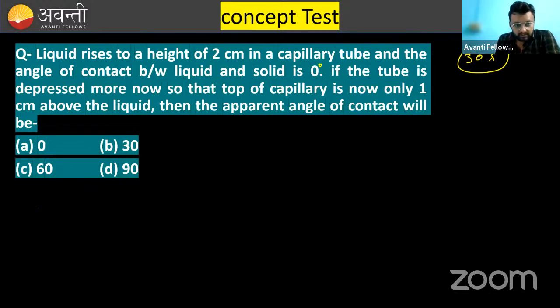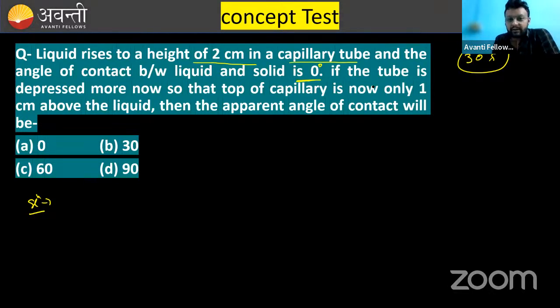Okay, let's solve it. The question says a liquid rises to a height of 2 centimeter in a capillary tube. That means it can rise up to a calculated height of 2 centimeter, and the angle of contact is 0 degree.